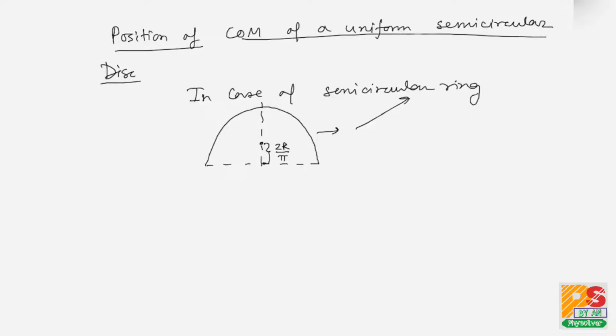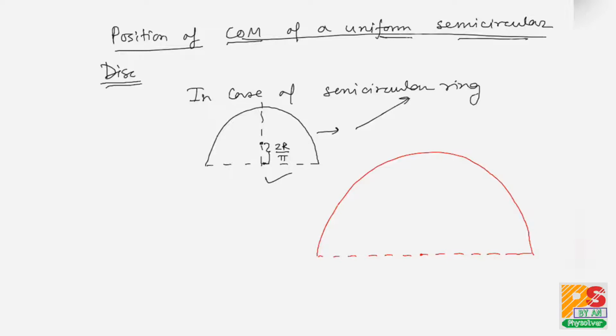Now, to find the position of center of mass of a uniform semicircular disc, we have to use this data, that is the center of mass of a uniform semicircular ring. Let's see how. We can say that a disc is composed of many concentric rings of different radii.